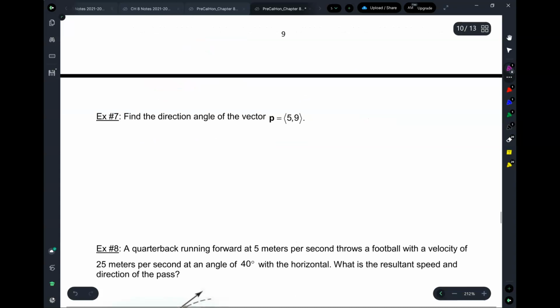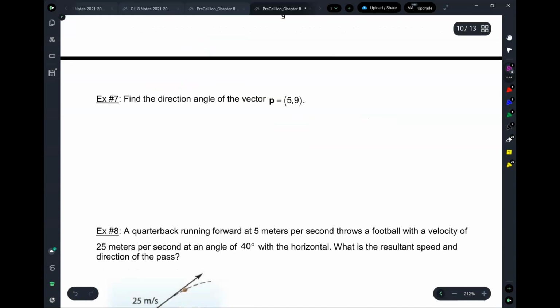Okay, so here we need to find the direction angle of the vector p equals 5, 9. So why don't we go ahead and draw that vector. 5, 9 means we go 5 in the horizontal direction and 9 in the vertical direction.